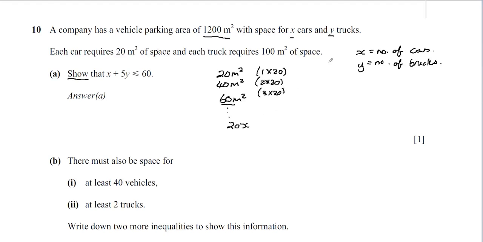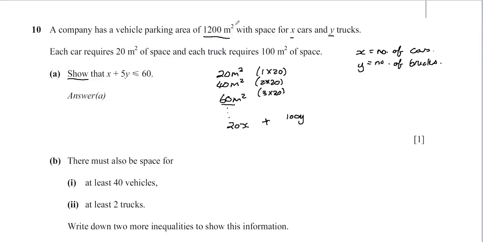It's the same for the trucks. Each truck takes up 100 meters squared. So if we want to know how much space our number of trucks takes up, we take 100 and multiply it by the number of trucks we have, which is Y, which is unknown. If we add these values together, that represents the total space taken up by both the cars and the trucks.